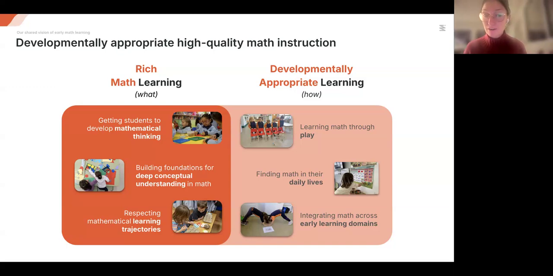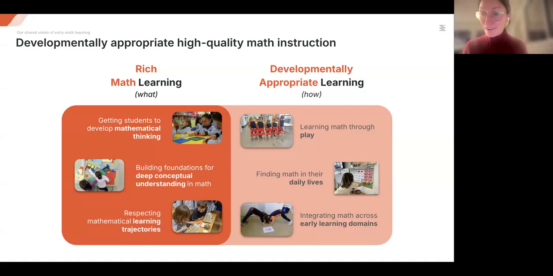First, that there's rich math learning, right? That there's mathematical thinking in addition to content, that students are building strong foundations for understanding, as we saw with the triangle, and that they are following natural learning trajectories so that every new concept is introduced in connection with existing knowledge. And then the second thing is that it's developmentally appropriate, right?